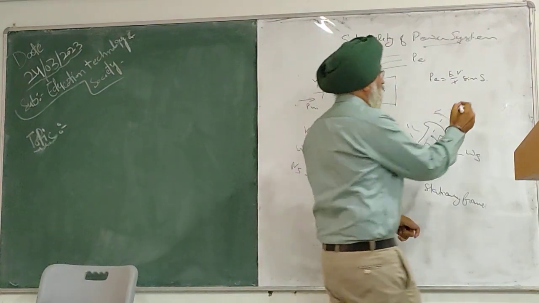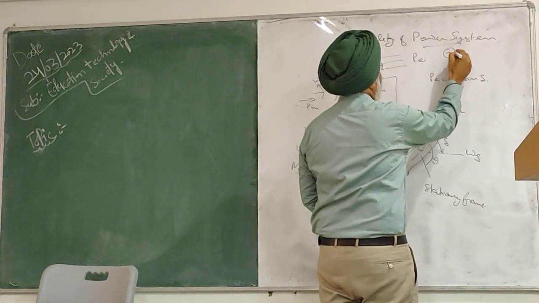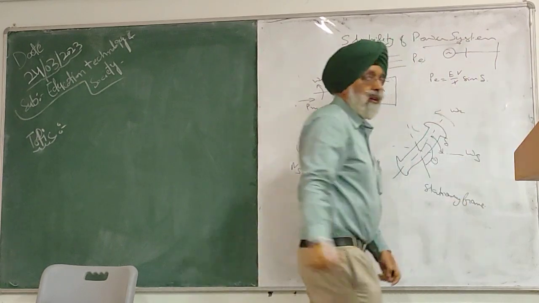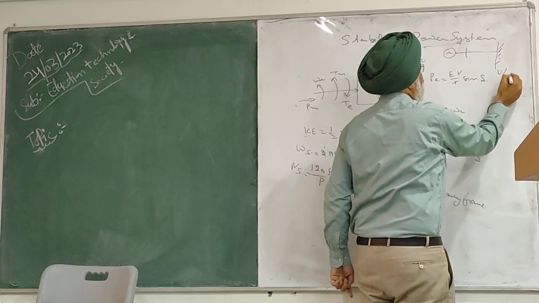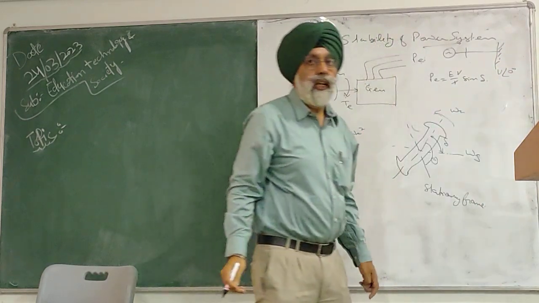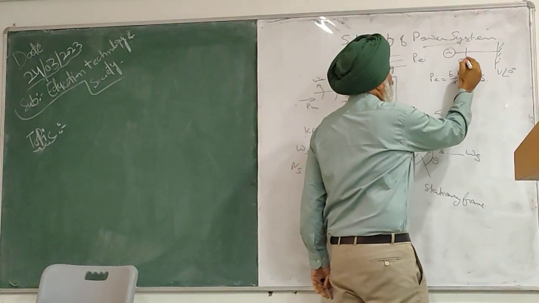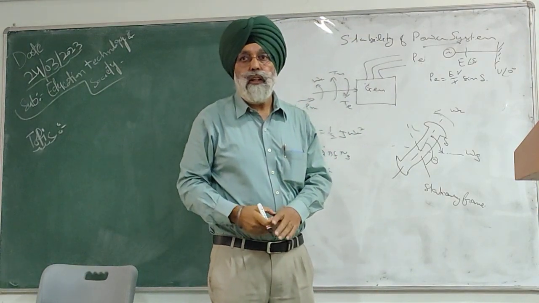V is the voltage of the infinite bus. If we have a generator connected with some infinite bus, let us suppose this is the angle 0 degrees, and this is the voltage of the generator, given by E angle delta.